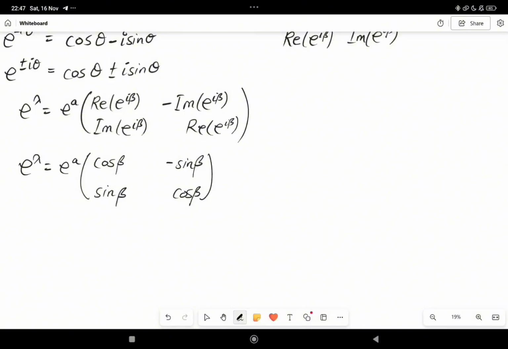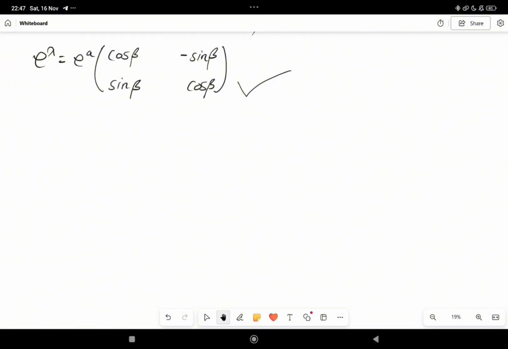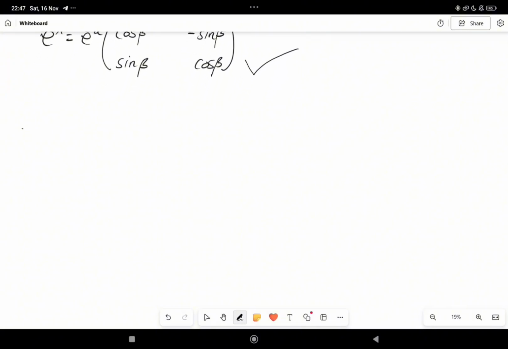So for the exponential of a matrix, this is what we're going to have. Now, if you want to substitute this value into the solution, x of t, you're going to have e raised to the power Ct x naught.